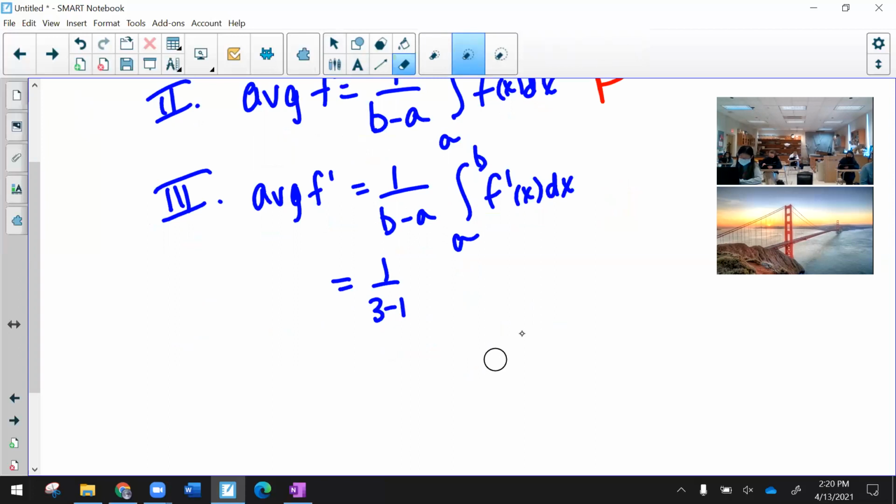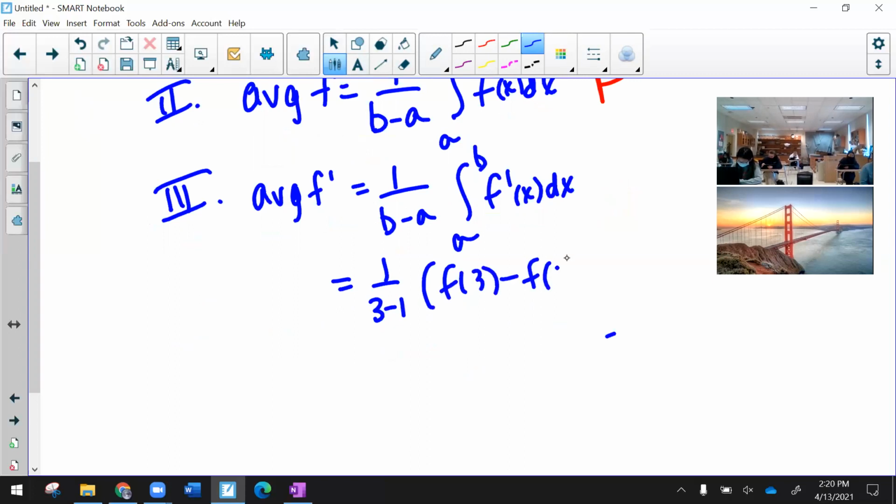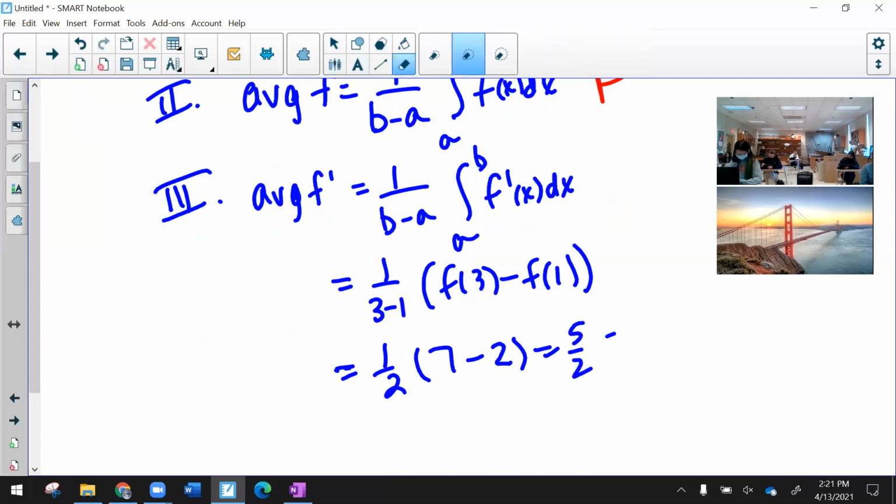What's the antiderivative of f prime of x? F of x. So this is going to be f of 3 minus f of 1, or 1/2 times 7 minus 2. So that's going to give me 5 halves. So that, in fact, is true.